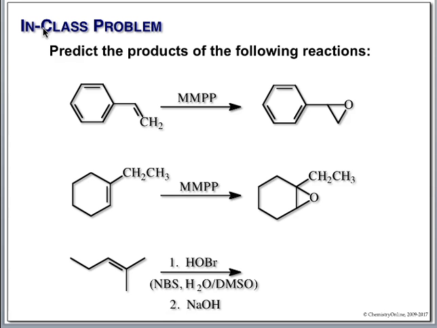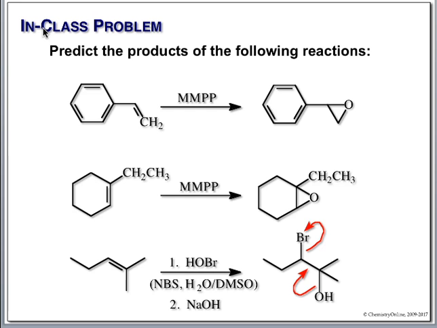So, bromine will add to give a bromonium ion. Hydroxide will add to the most stable carbocation center, and you will get this tertiary alcohol. So this is our most stable carbocation, and here's our halogen.